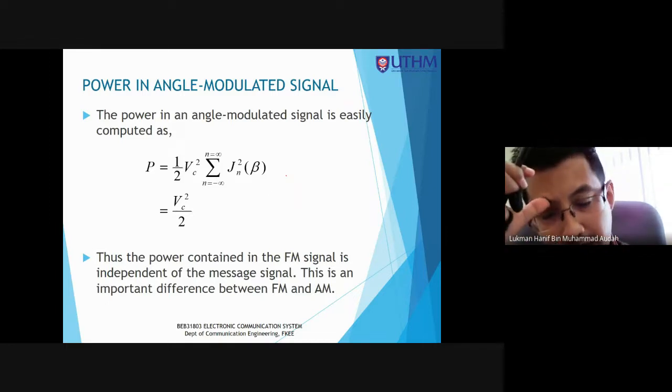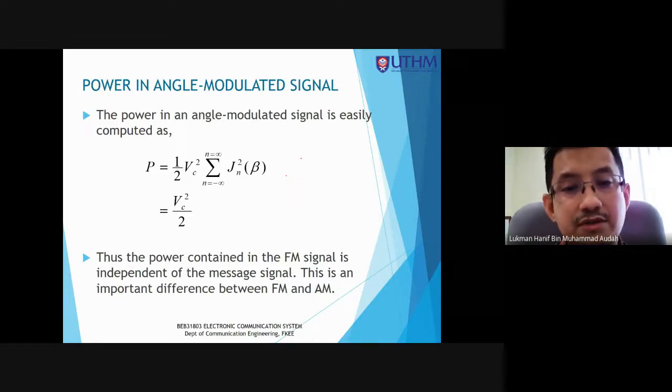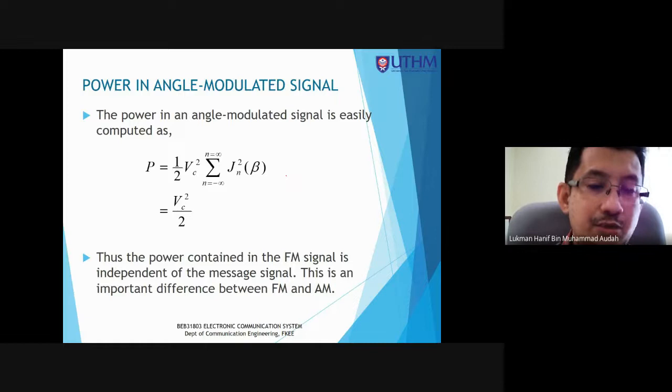Okay, and again, power calculation should have an R component, resistance. So you might wonder, where is the R variable in this equation?